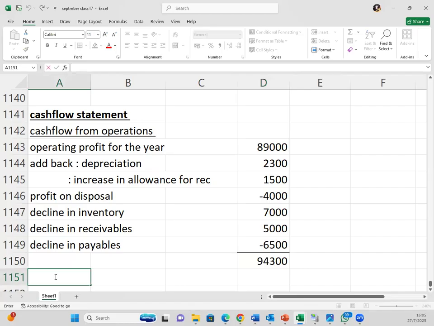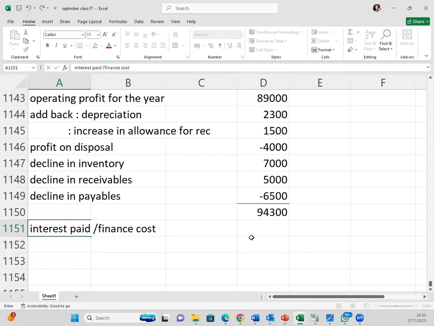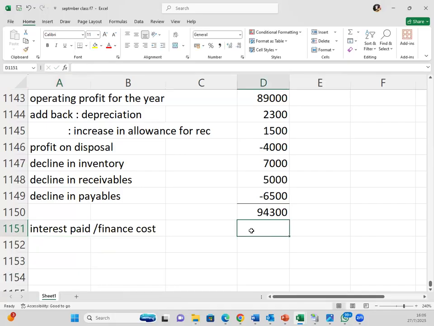But from that cash flow from operations, you need to remove the interest and the tax that you paid so that you get your net cash flow from operations. So from that cash flow, you remove the interest paid or the finance cost for the year. Let's just give it 3.1.